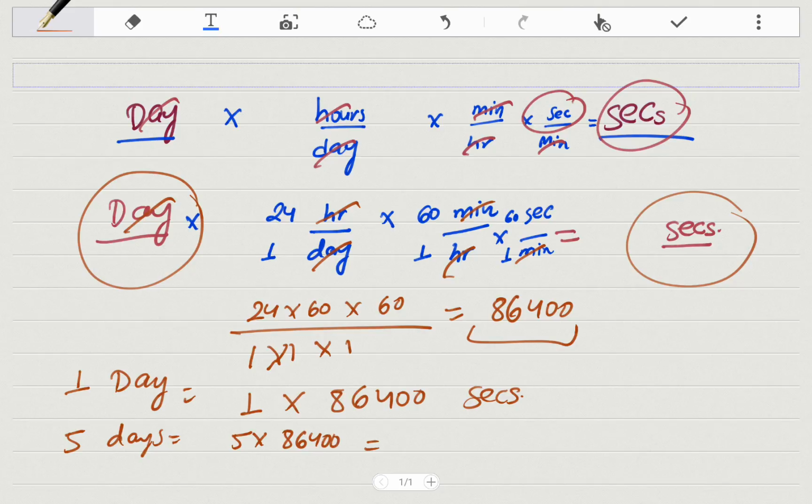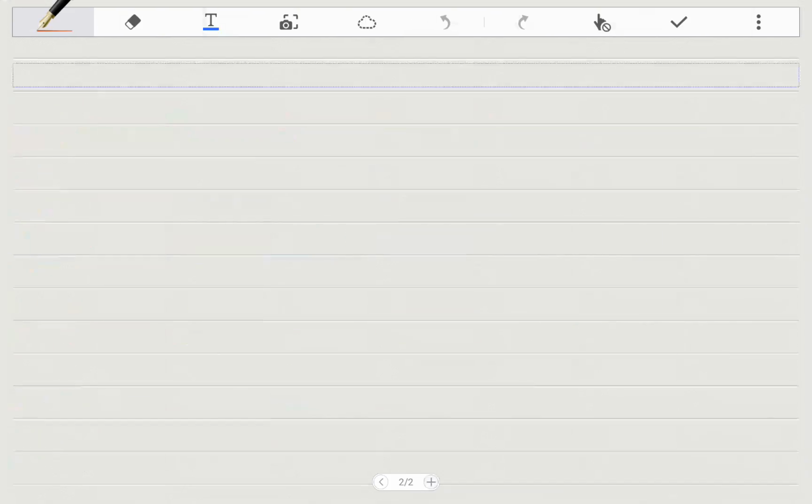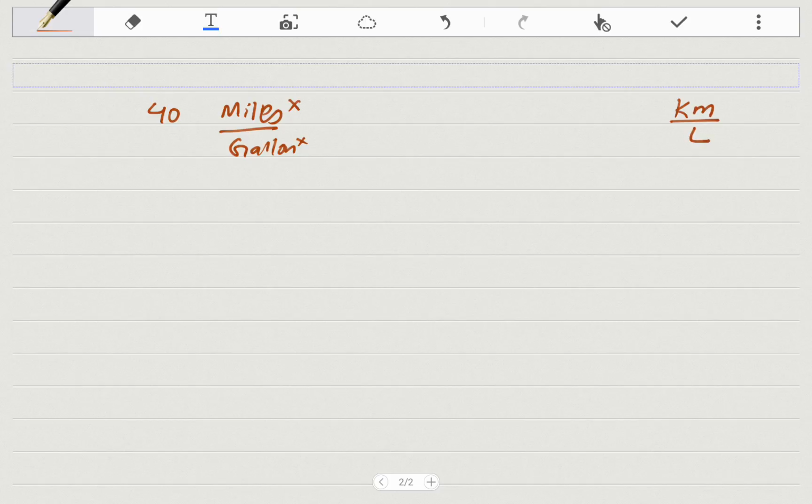Okay? Let's do a slightly more difficult problem, because the answer is not so obvious. Suppose you have a foreign friend and you tell him your car gives a mileage of 40 miles per gallon. Your friend doesn't know what mile means and what gallon means, because in his country he uses kilometer per liter, right?